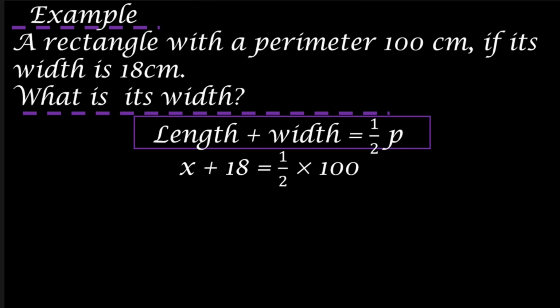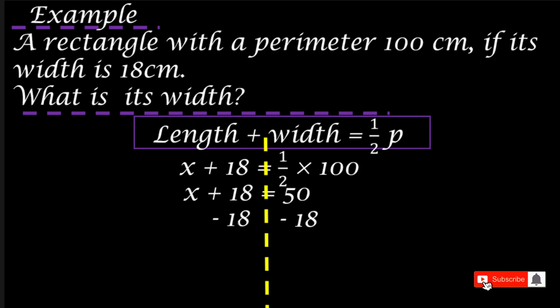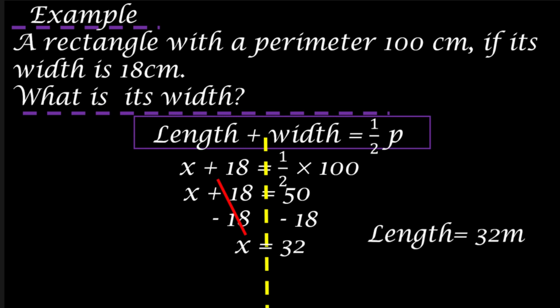So we form an equation here. We can solve the equation to find x. So x plus 18 equals half of 100 equals 50. By subtracting 18 from each side, we have x equals 32. So the length equals 32 centimeter.